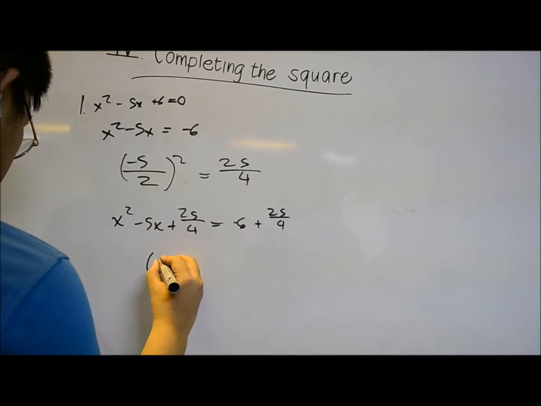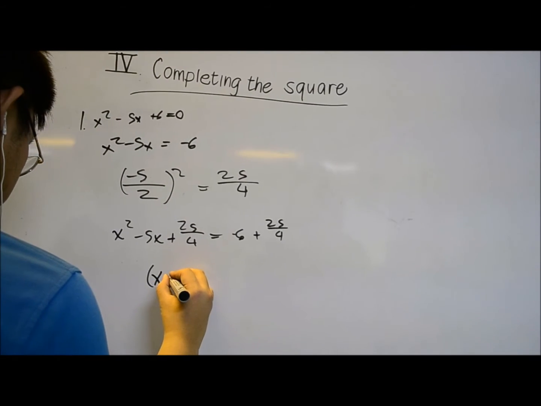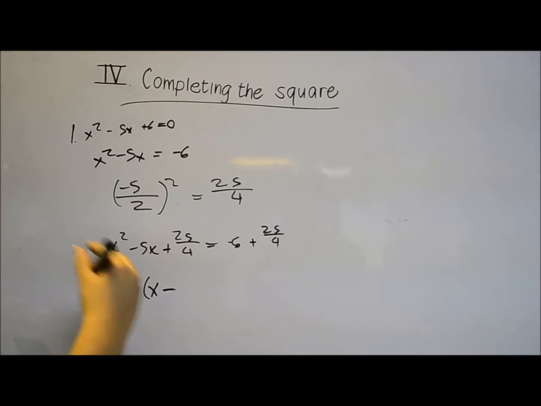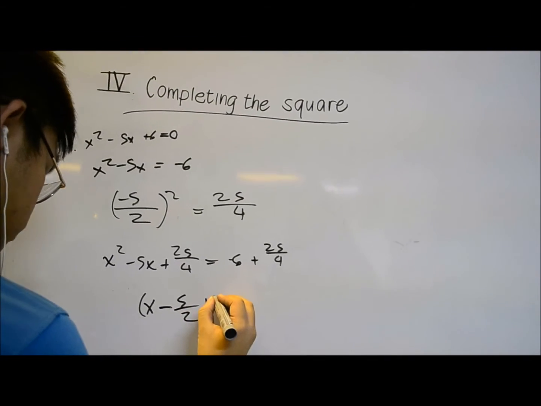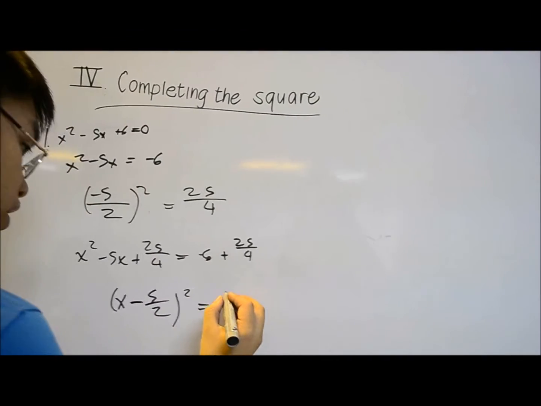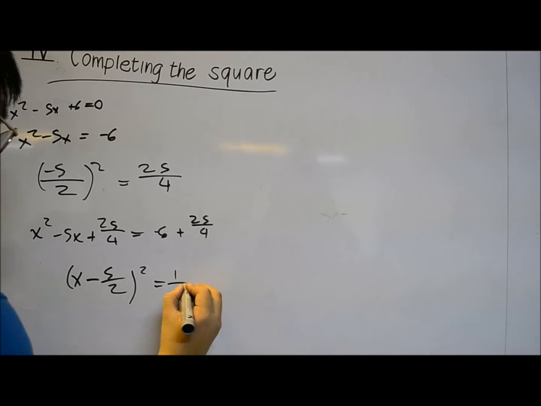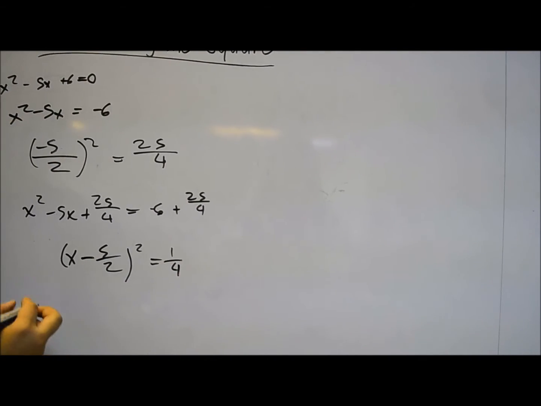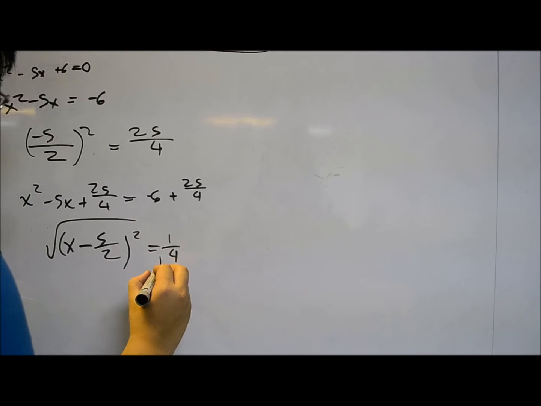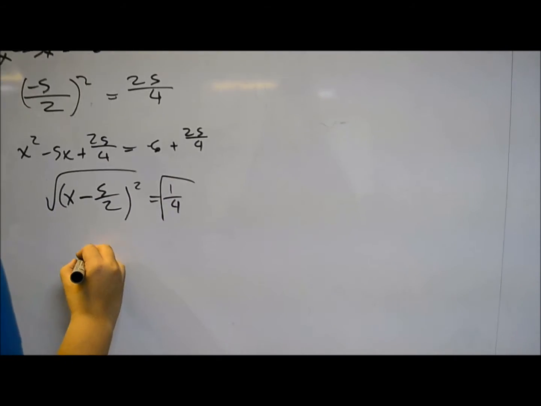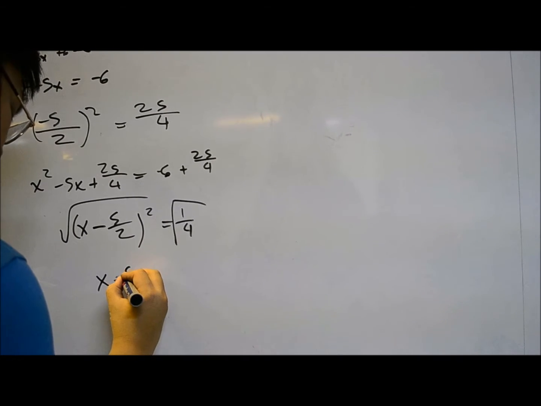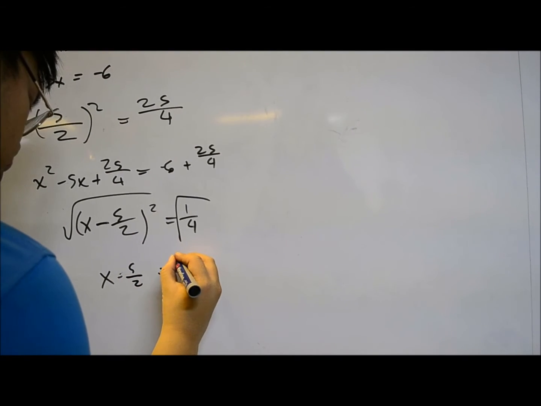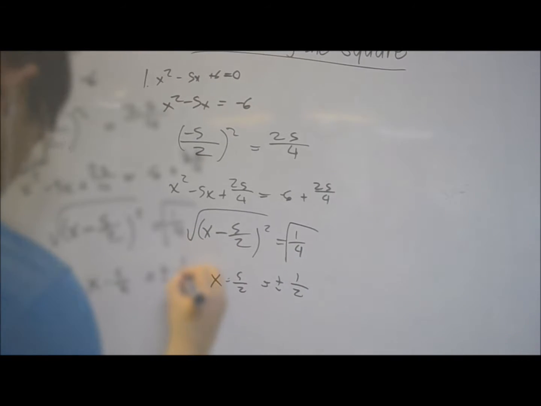That will be x minus 5 over 2, squared, equal to, adding these two, 1 over 4. Now if we extract the square root of both sides of the equation, we will have x minus 5 halves equals positive and negative 1 half.